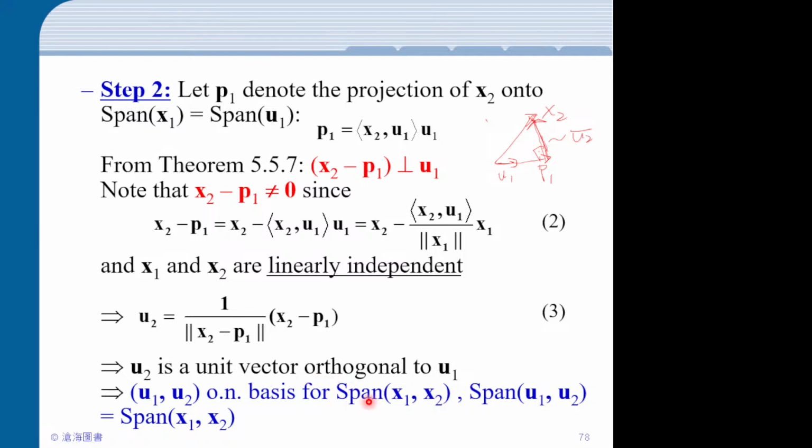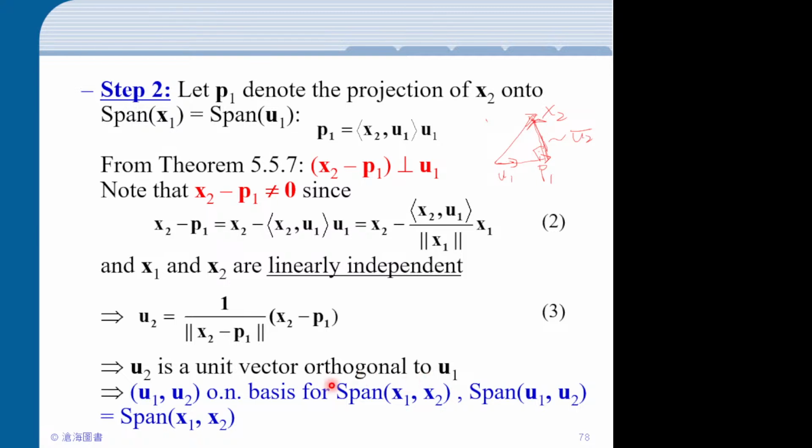For span X1, X2. Okay, because they are inside span X1, X2, right? So here, for this basis, I guess we need to say a little more. The span of this thing is 2-dimensional, and the span of this thing is 2-dimensional, and they are linearly independent because they are orthogonal, and there are 2 of them, so this is a basis for this whole space.